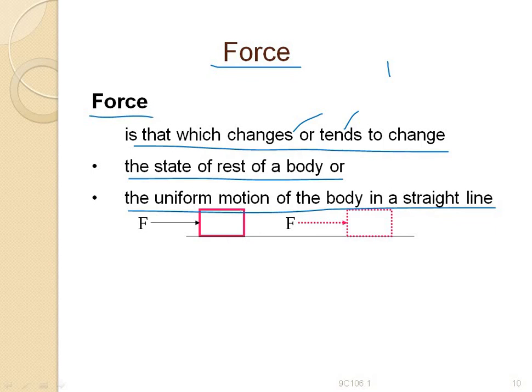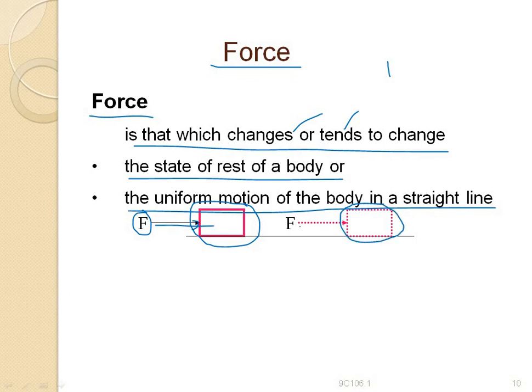Suppose there is a body, the pink colored one, and this is a force. Here the force was applied, and when the force is applied, it moves. The dotted lines show it moving from one place to another place.